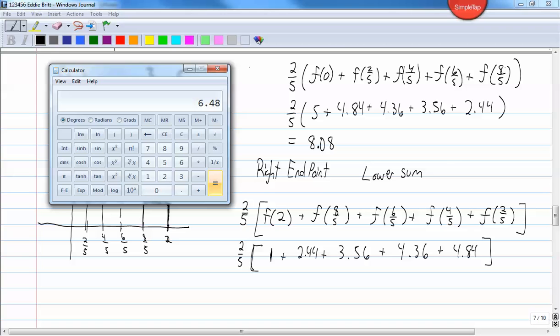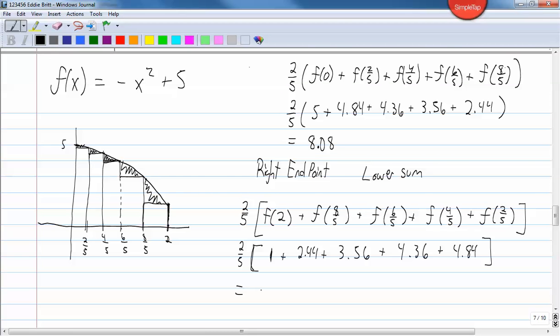Alright, so you do all of that and you get 6.48. So we know that our actual area is somewhere between 8.08 units squared and 6.48 units squared.